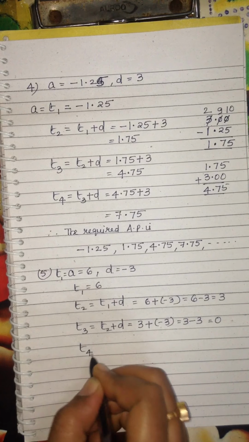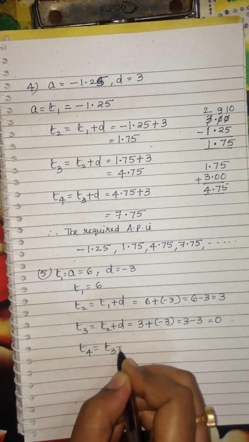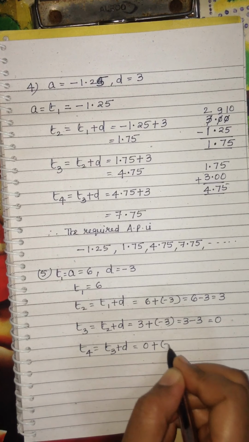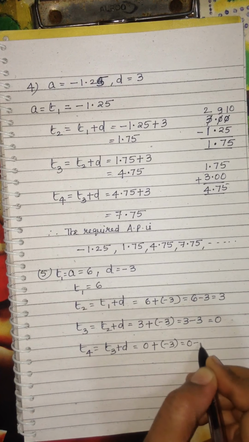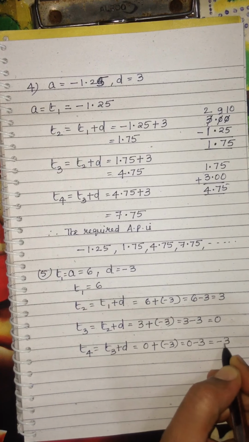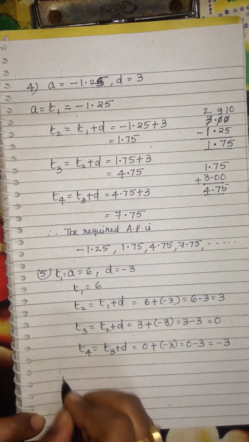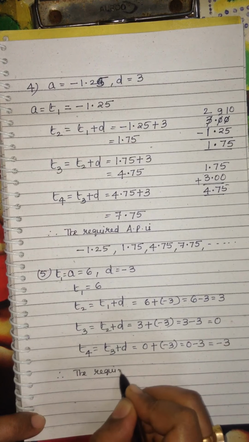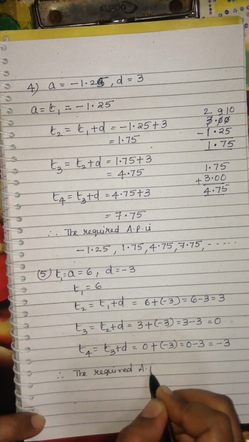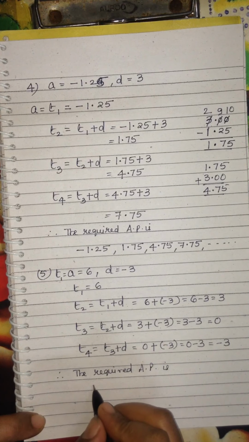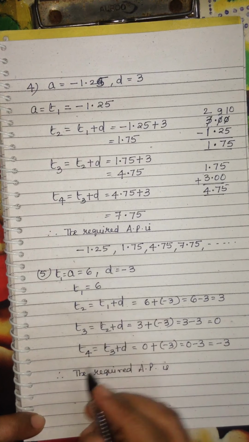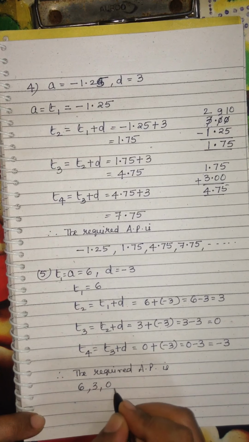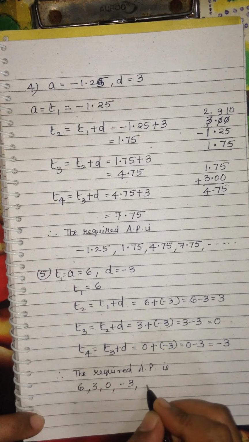And the fourth term is the third term plus the difference, that is 0 plus minus 3, that gives us minus 3. Hence, the required arithmetic progression has to be written in a very clear manner as, first, the 6, always remember it is given to us, so be careful, children.